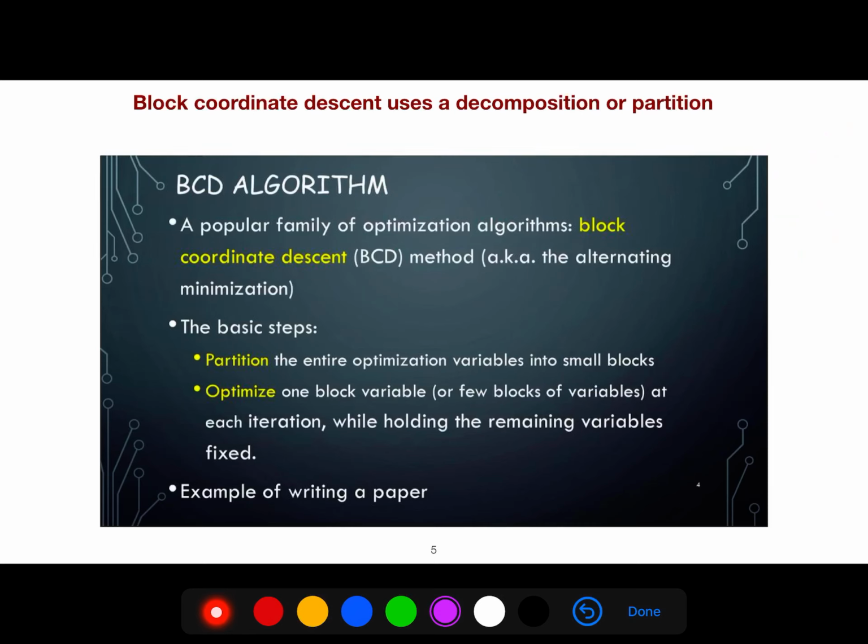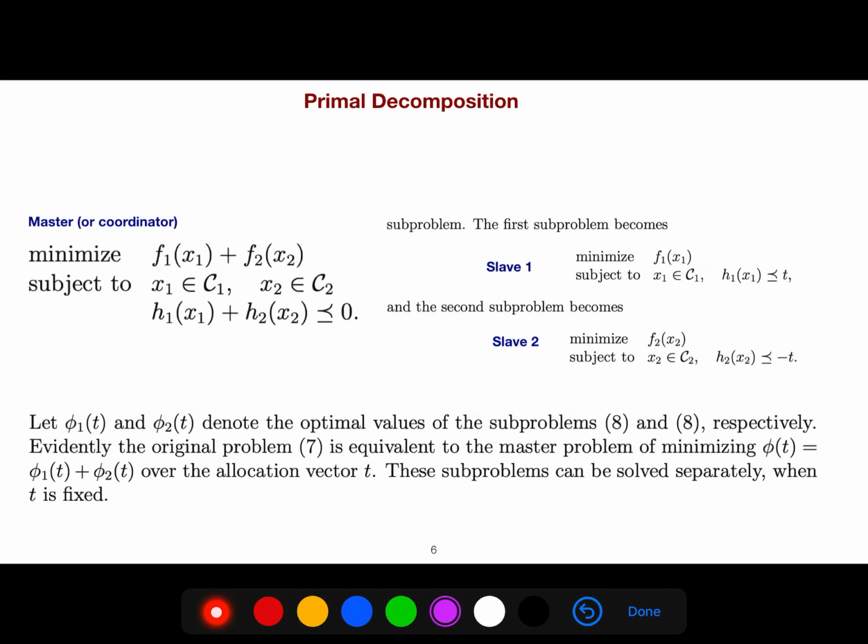Block coordinate descent uses a decomposition or partition. Of course, they didn't use block coordinate descent. I just used this slide because it is interesting to be aware that block coordinate descent is just a kind of decomposition.